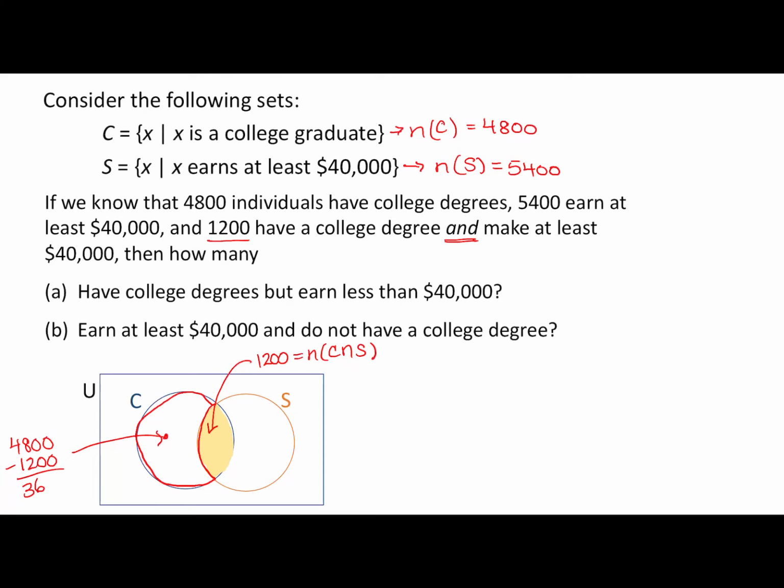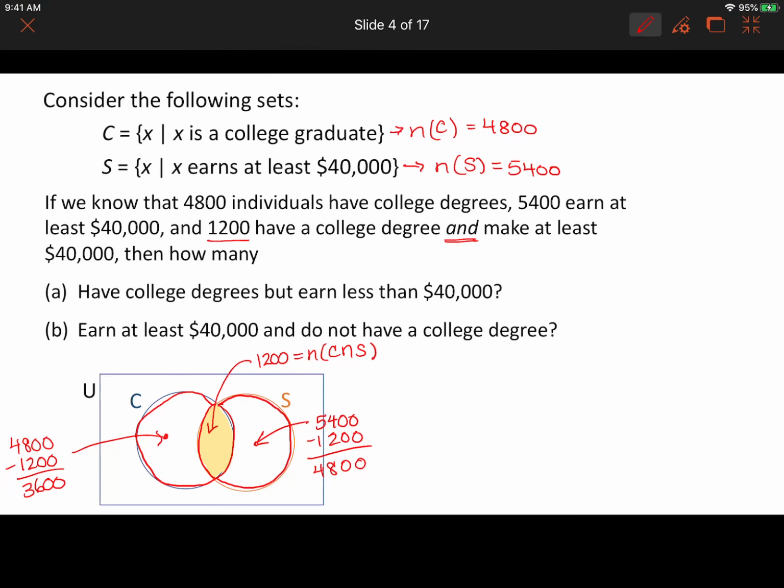So that's going to give me 3,600 there. And similarly, I can look at the number of people that will be in S, but not in the intersection of S with C. So the number of people over here is going to be 5,400 minus 1,200. And so that's going to give me 4,800. I'm sorry, not 4,800, 4,200.